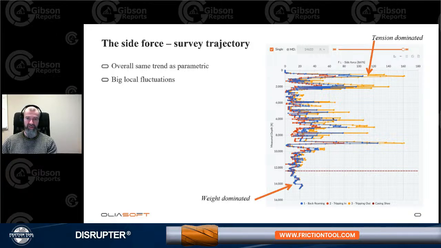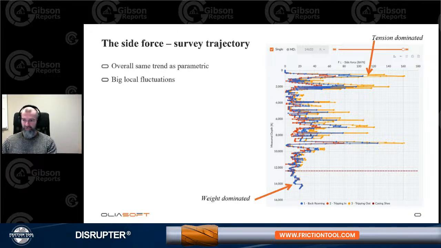So these are tension dominated areas. And of course, what's really worth noticing is that we have big local fluctuations. And if you remember back to the 2 wells that I showed you, the surveyed well is not really a vertical well, but it builds up to something like 30 degrees, while the other one builds up to an inclination of about 80 degrees.